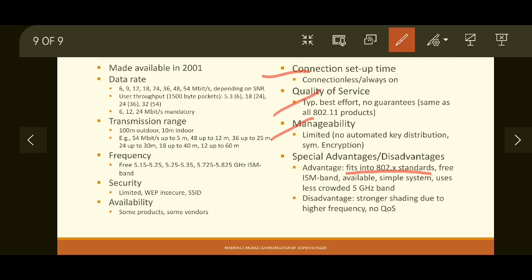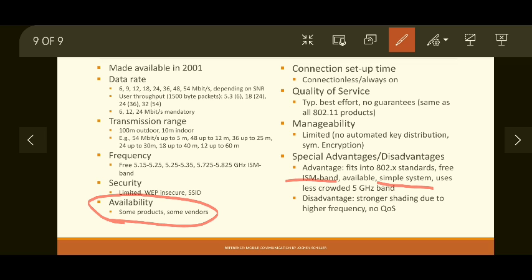WiMAX, which is the 802.16 standard, a wireless broadband, also fits well with this wireless LAN. Again, free ISM band is an advantage. Since only some products or vendors are available, a lesser amount of interference will be there.